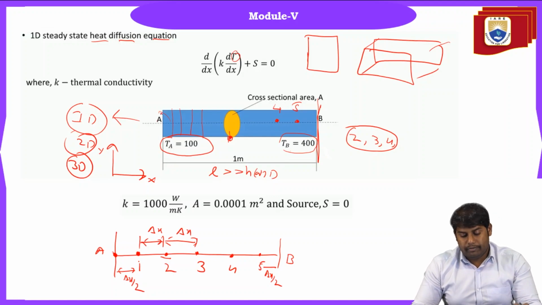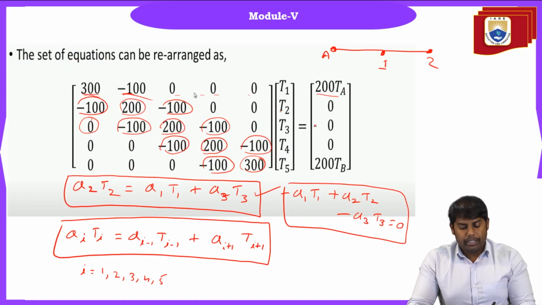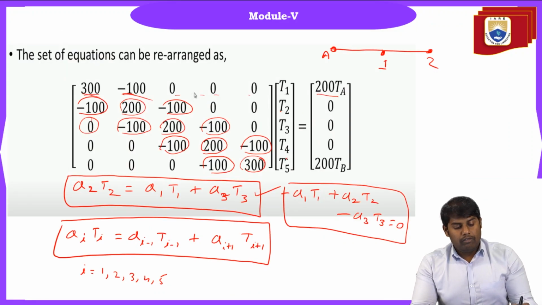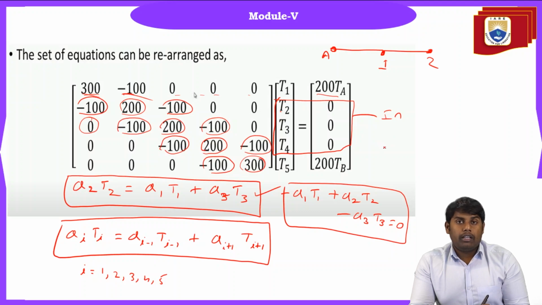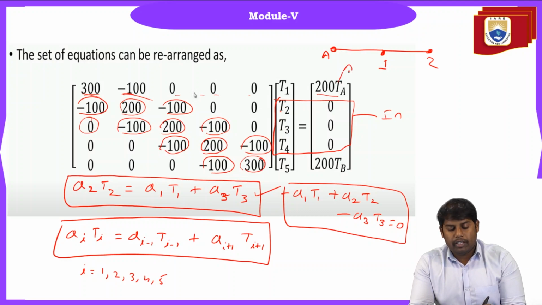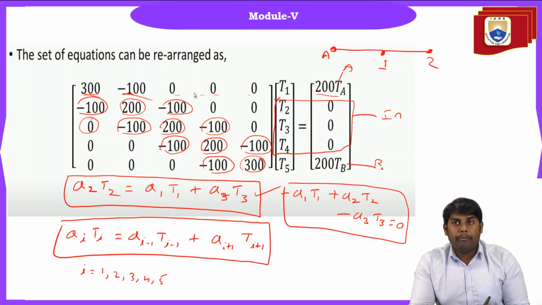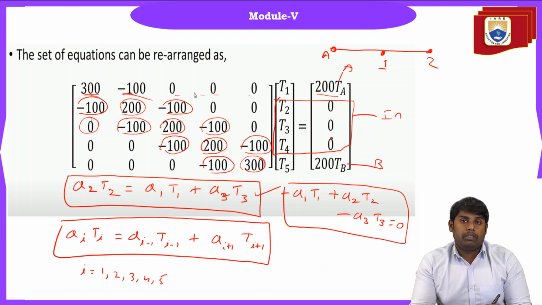Here you can see clearly in the equation that for the interior points, let's say T2 to T4, there are no source terms. When you see the boundary points, this point is for A and this point is for B, we have the source terms.